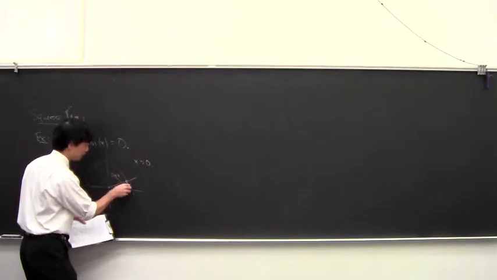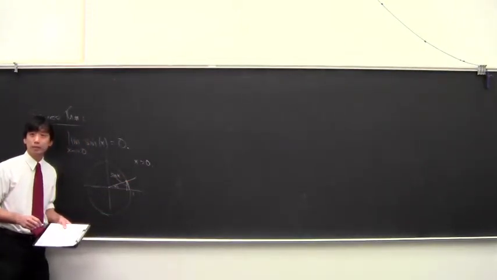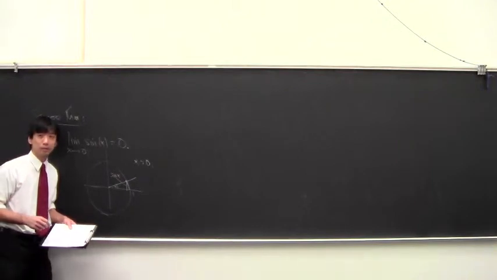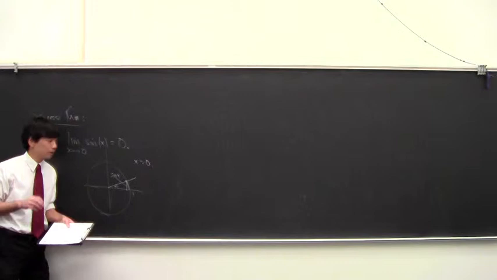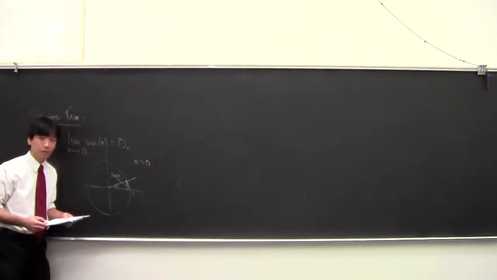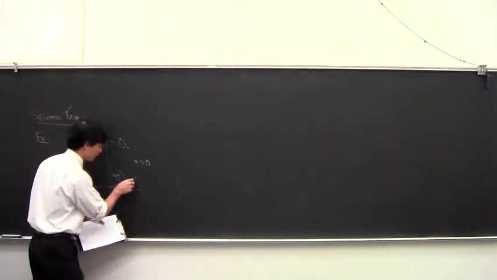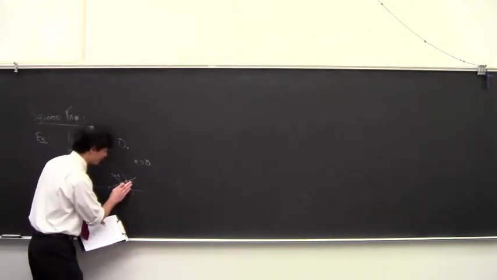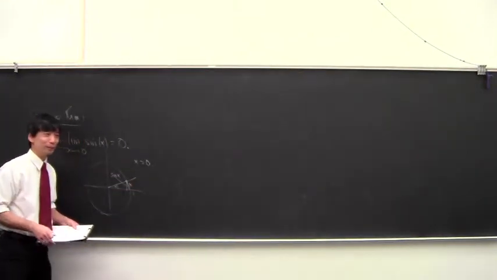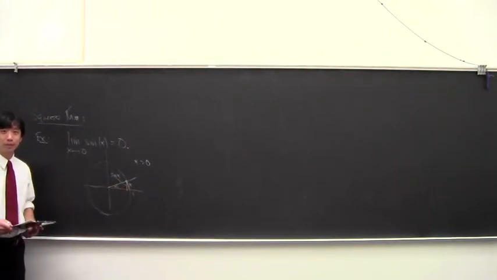What's the length of this thing here? Does anyone know? Is it x? It's x, yes, thank you. I thought I had given it away, but clearly I didn't. The length of that is x.